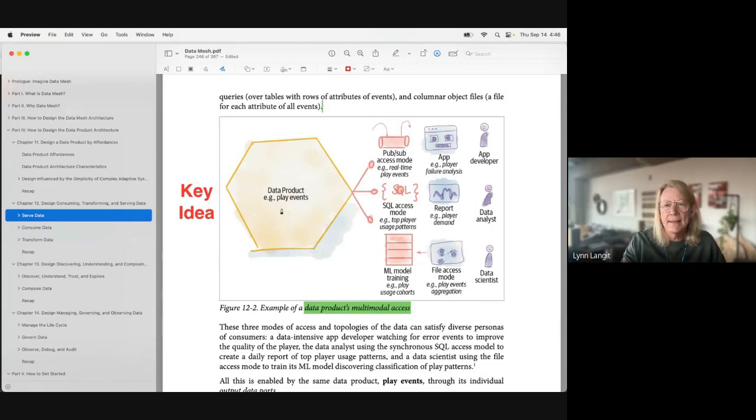And I like this because I think it's very applicable to a lot of cases that I've seen. So you have events, and you're going to have 3 different ways that your different personas consume the events. Some need just all of them as they flow in, some need these reports, and some need machine learning.